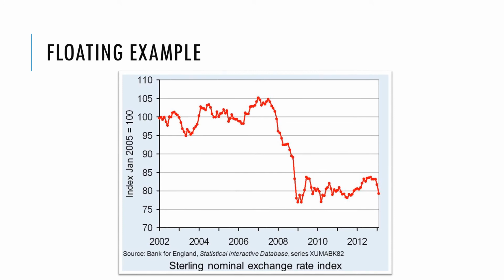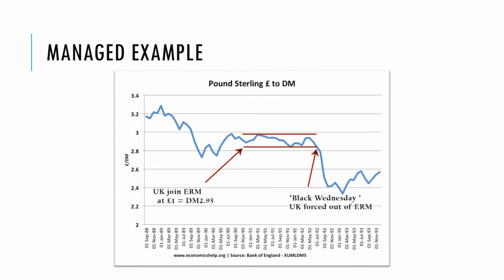So now let's look at some examples. First of all, an example of a floating exchange rate might be the pound. The UK government and the state don't actively influence the rate of the pound, and so we can see here a fairly random walk that the pound has taken over this time period. Having said that, in the past the pound has at one point been a managed currency.